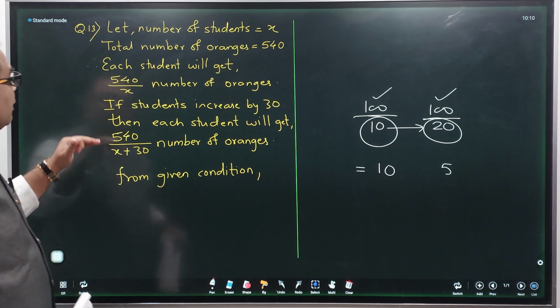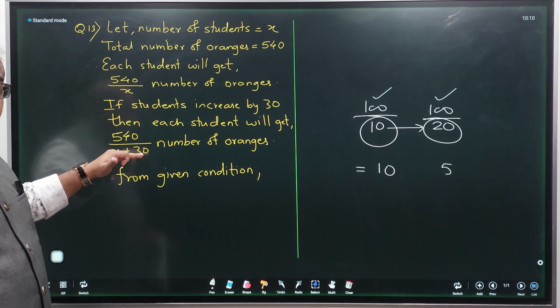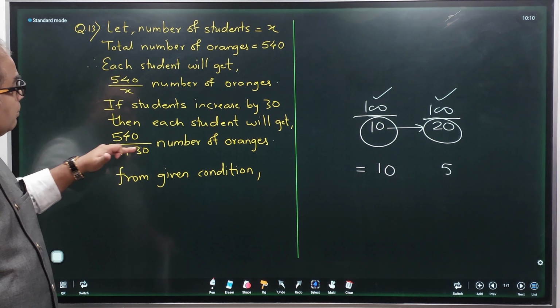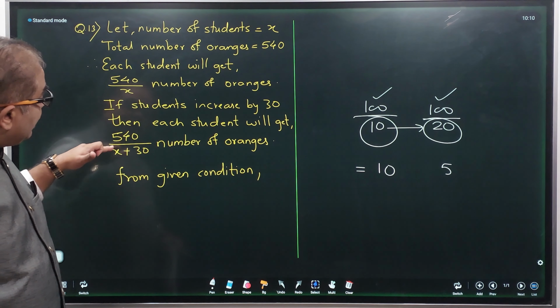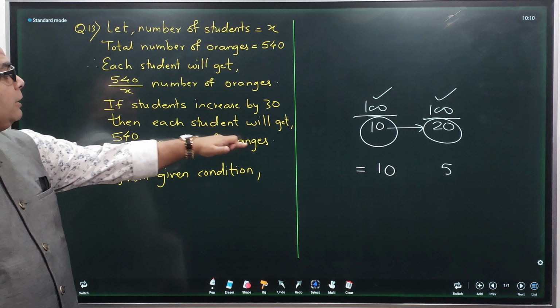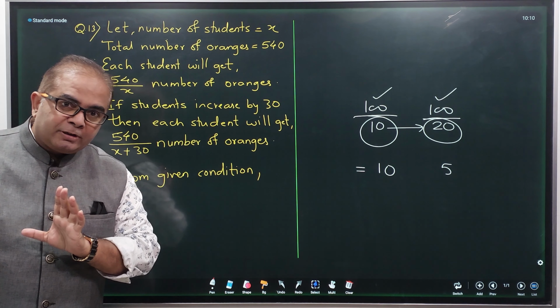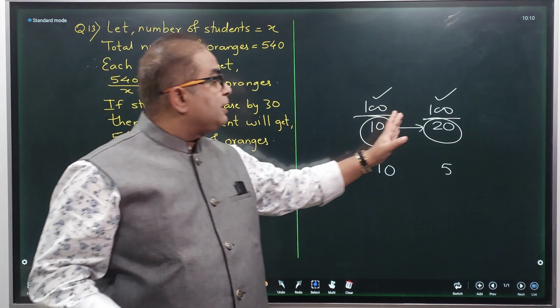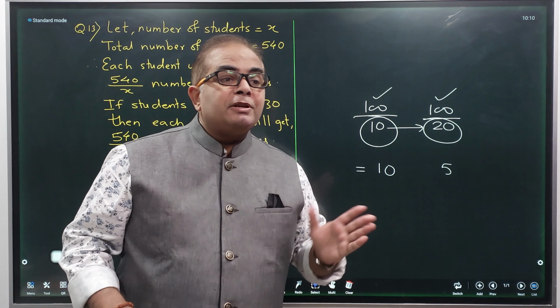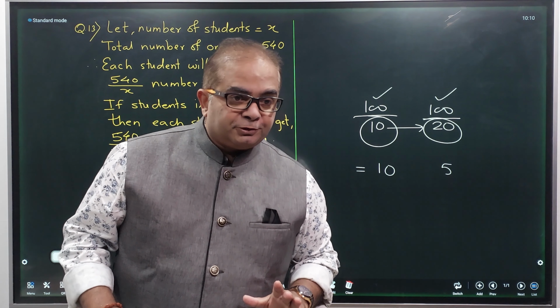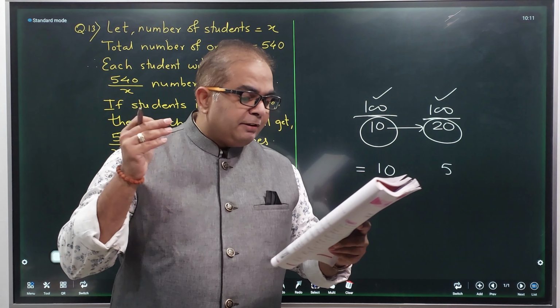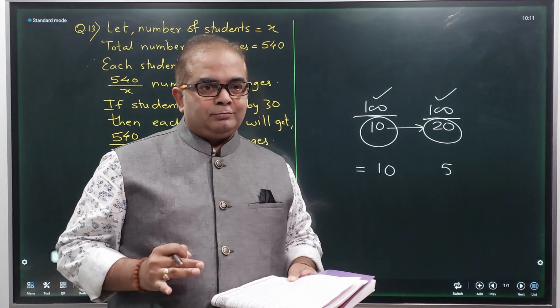So here I write 540 upon x plus 30, that is number of oranges divided now by the number of students increased by 30. तो x plus 30 नंबर ऑफ स्टूडेंट्स, इतने ऑरेंजेस हर एक चिल्ड्रन को मिलेंगे, राइट? अभी जब स्टूडेंट्स की संख्या बढ़ती है तो नंबर ऑफ ऑरेंजेस ईच विल गेट रिड्यूस होता है, और उन्होंने बताया कि ये रिड्यूस हो रहा है बाय 3, करेक्ट?